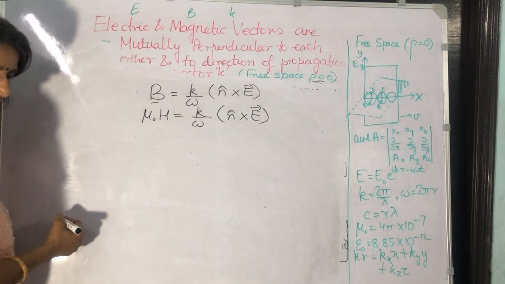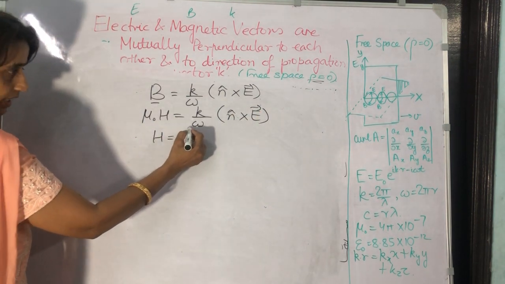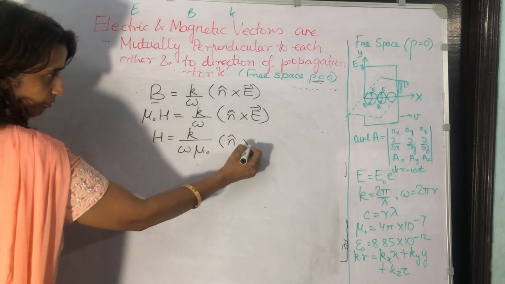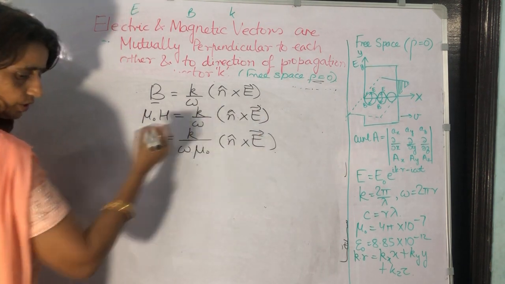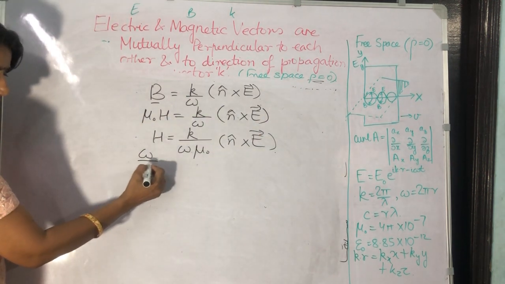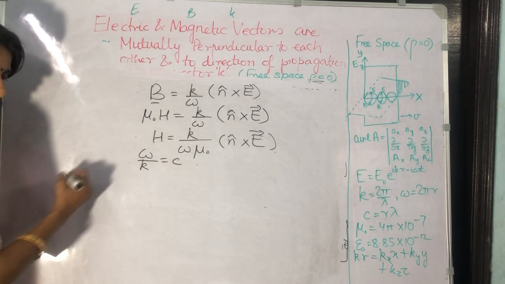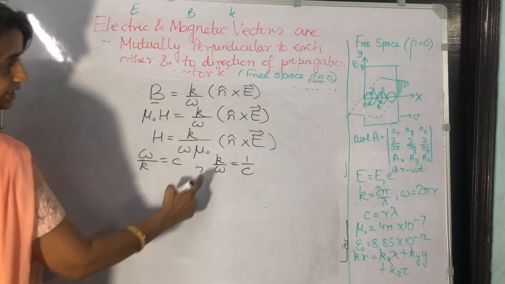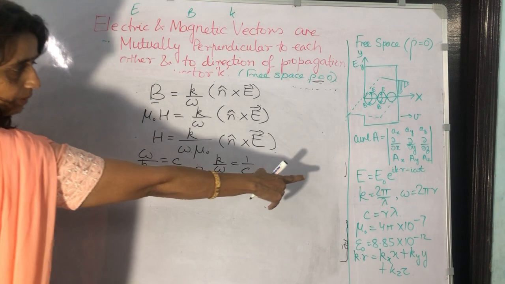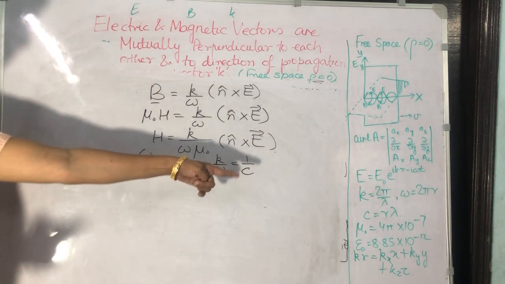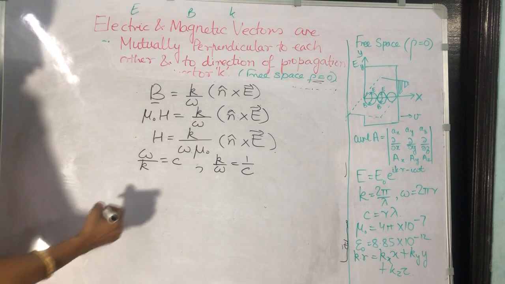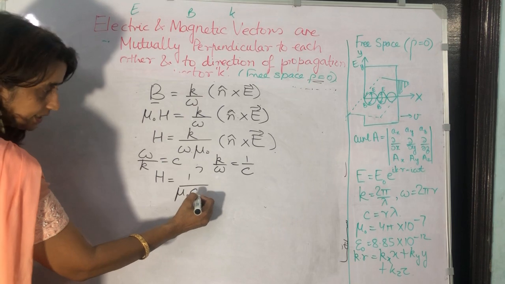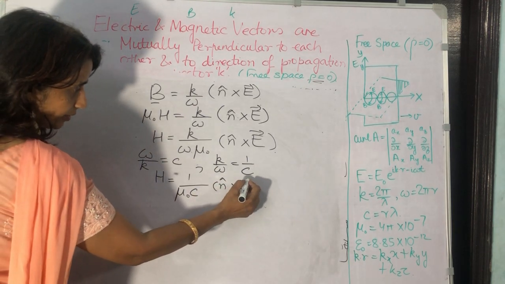N cross E. So, H is K upon omega mu naught into N cross E. Now, omega upon K is equal to C, or K upon omega is 1 upon C. Omega is 2 pi mu, K is 2 pi by lambda. Divide, you get C. I have written the formulas on that side. Therefore, H is equal to 1 upon mu naught C N cross E.